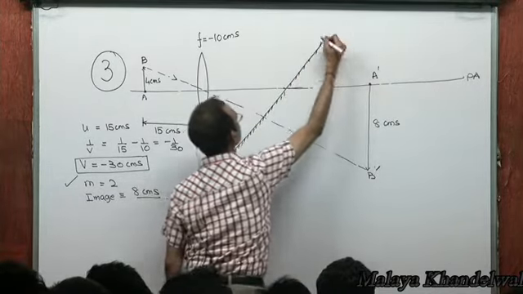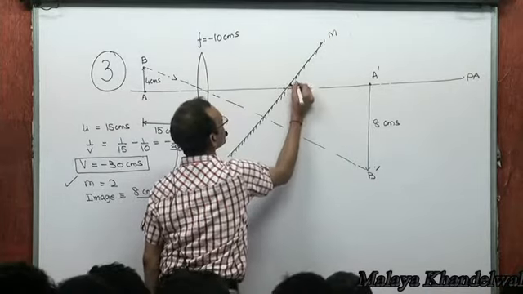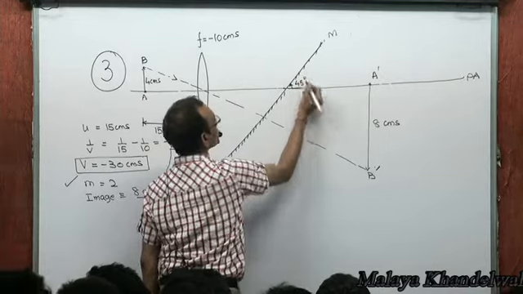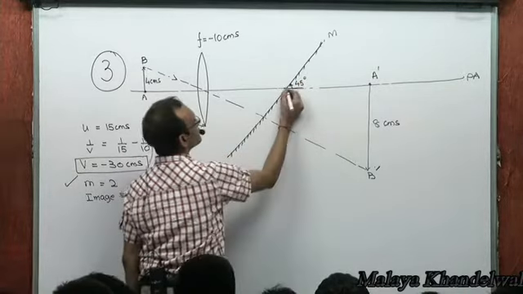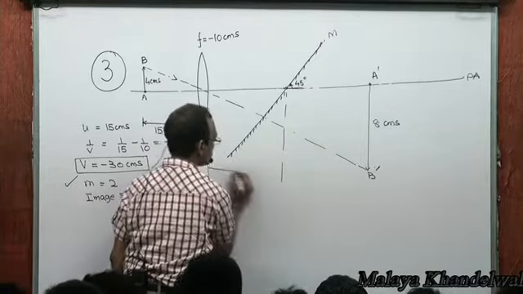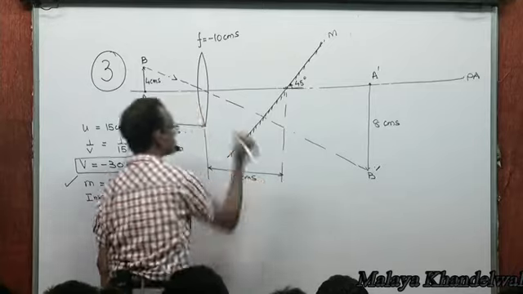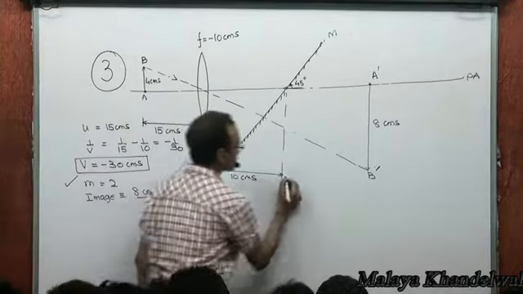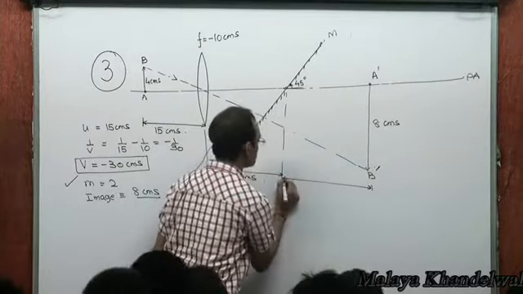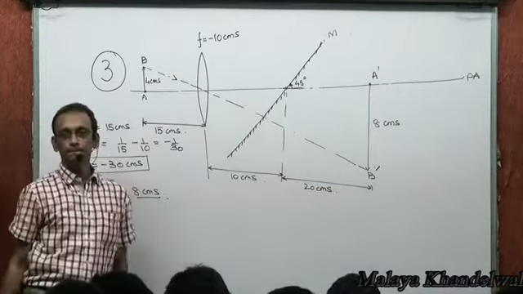Plane mirror at 45 degrees with the principal axis, 10 centimeters from the lens. This must therefore be 20 centimeters. Right?